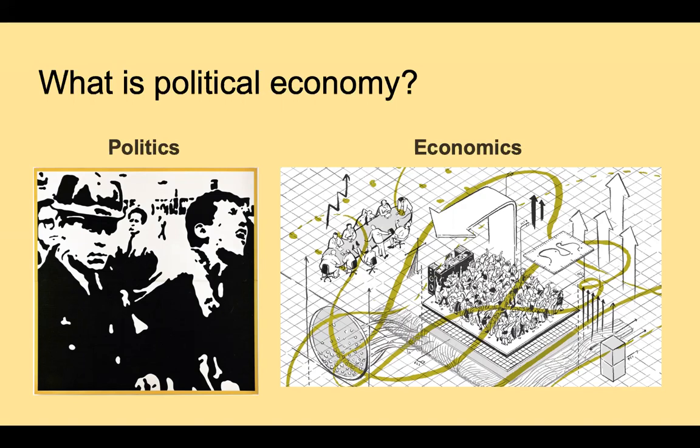And for us to think about political economy in a critical way, we need to have a clear conceptual lens to examine the problems that we'll examine in the course and that we've already begun to introduce.